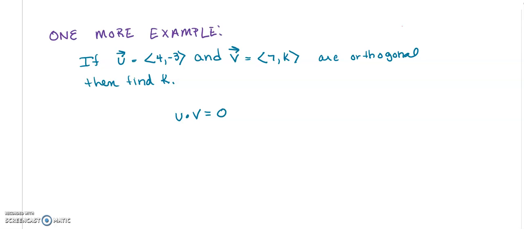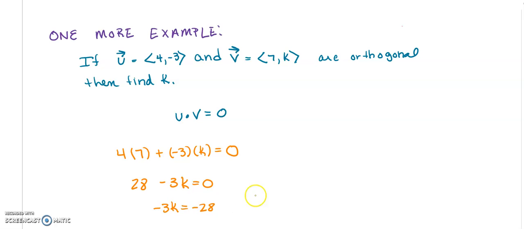So I'm going to take 4 times 7 plus negative 3 times k, and I'm going to set that equal to 0. That's the hardest part of the problem, just understanding that concept, because from here we have an algebra 1 equation. And so we should get that k would equal 28 thirds.